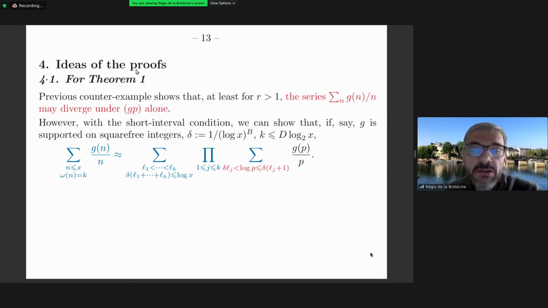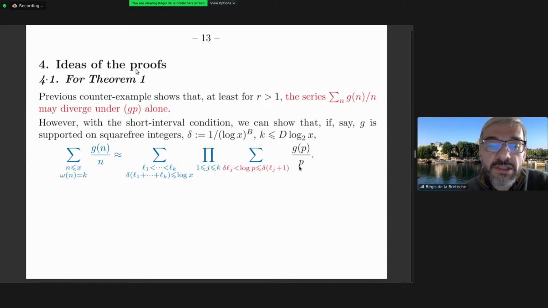It's not difficult to prove that it's close to these summations. So we sum and we restrict log p in a small interval. And we have a product of the sum of j of p over p, and then we can use our short interval condition.